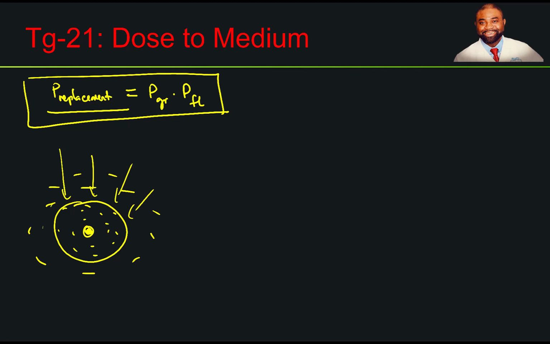Now, using Spencer-Attix or Bragg-Gray cavity theory, we're able to link, using the restricted or the unrestricted stopping power ratios, the dose deposited in the cavity to the dose deposited in the surrounding medium.